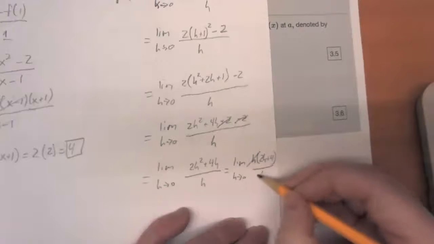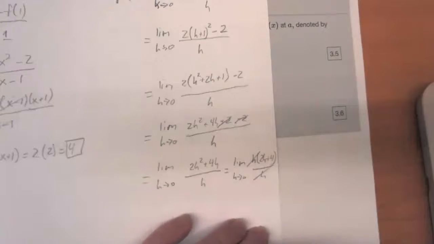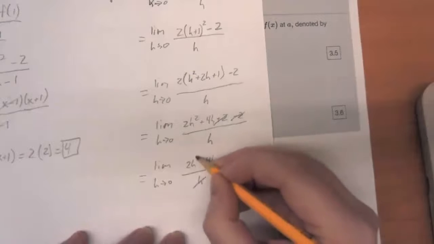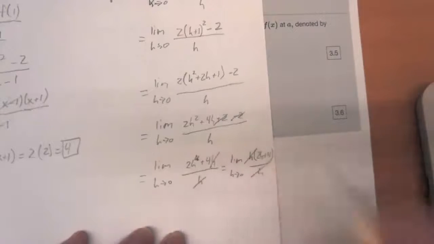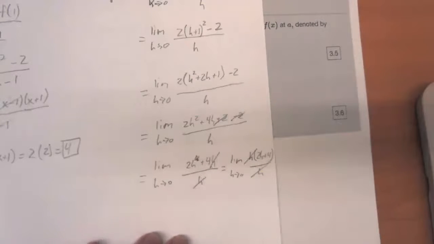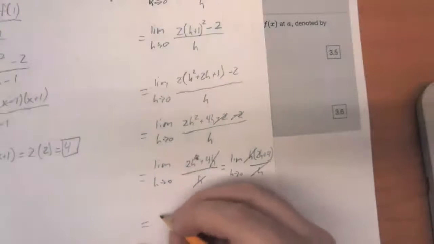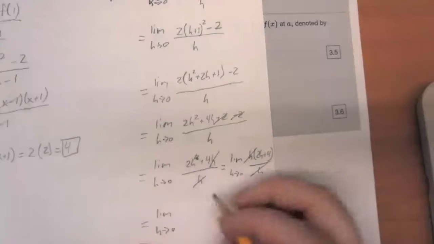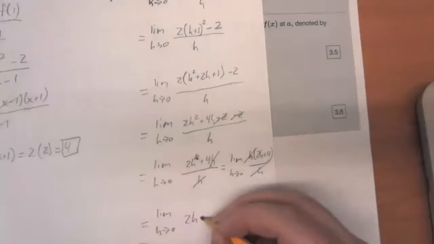And then here you see that the two h's cancel each other out. Or if you're comfortable with it, you can cancel out the h from both of the terms and do it like that. But in either case, this is equal to the limit as h approaches 0 of 2h plus 4.